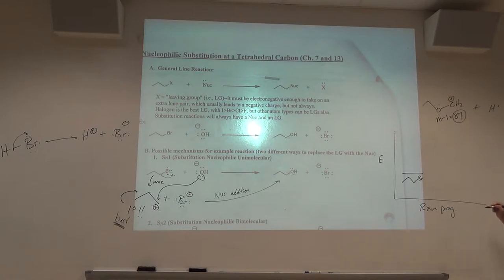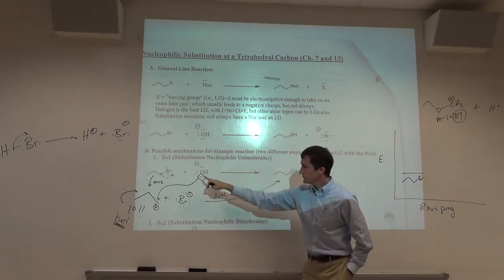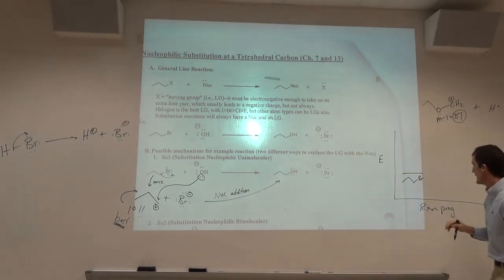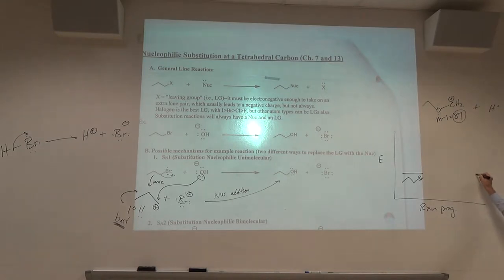We ended up with an alcohol. It's hard to say which is more stable because it's the same number of bonds. We didn't make sigma bonds or pi bonds. I'm just going to put this at the same position. That's not really that critical. Did we have any intermediate? Positive primary. Where do you want to put that compared to these? Higher.